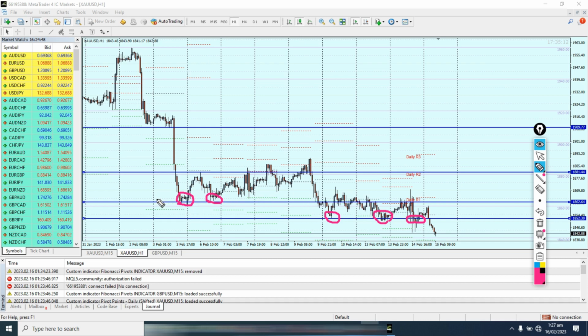Now, I was about saying this: support and resistance are not mere lines, they are zones.